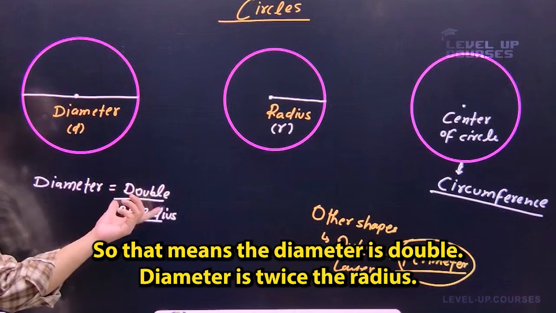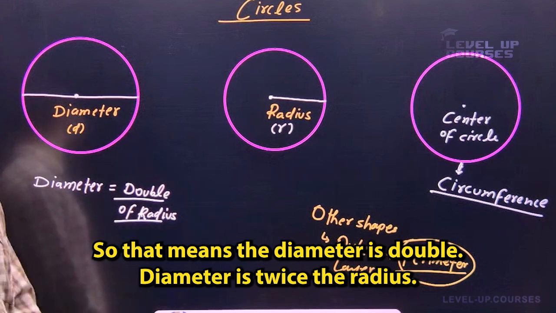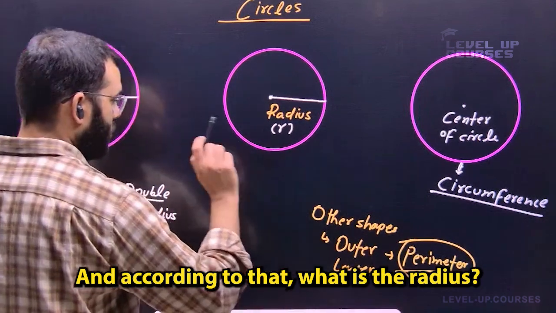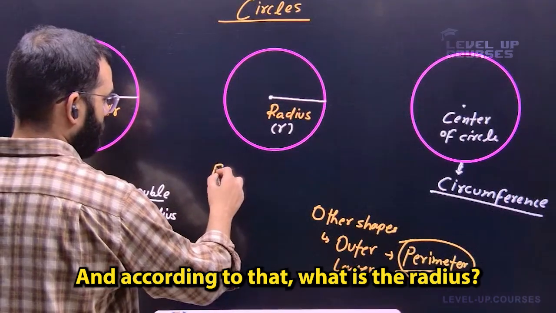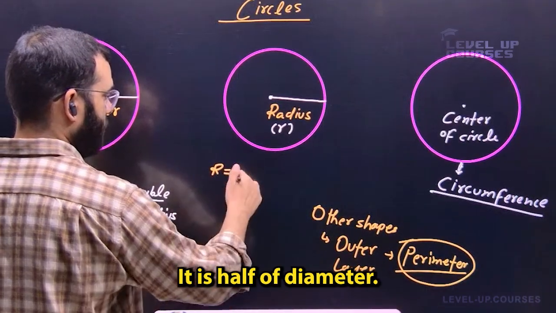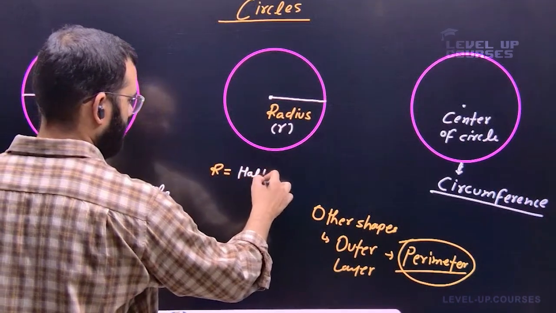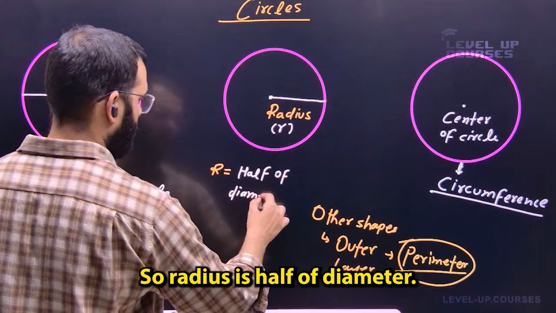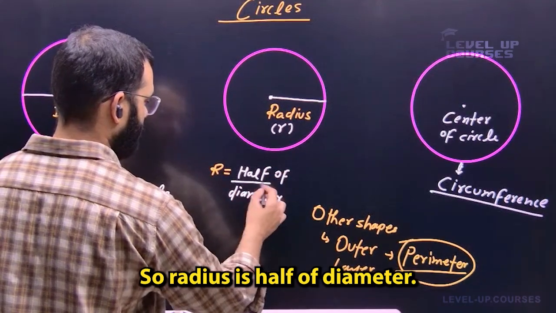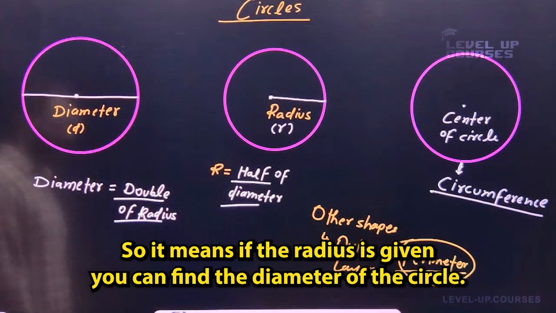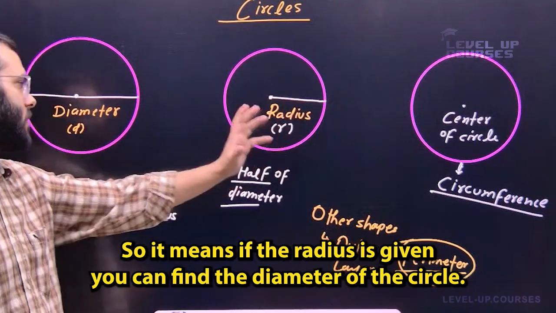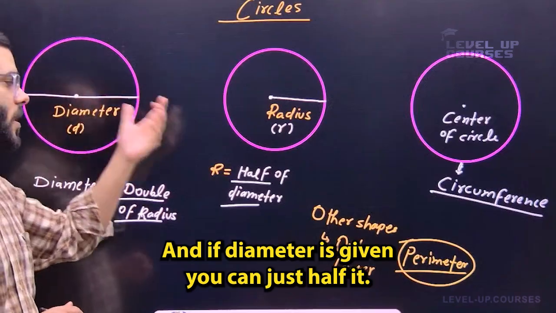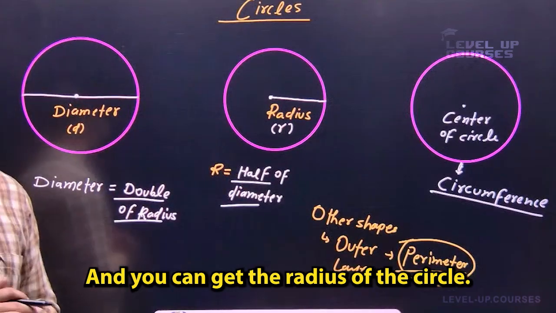Diameter is twice the radius, and radius is half of diameter. So if radius is given, you can find the diameter, and if diameter is given, you can halve it and get the radius of the circle.